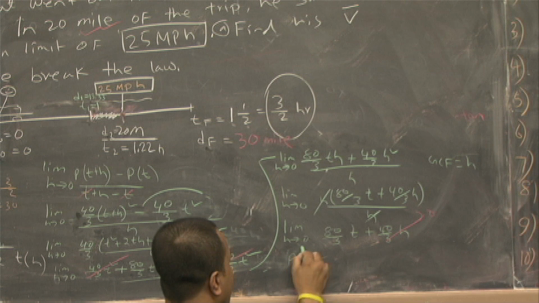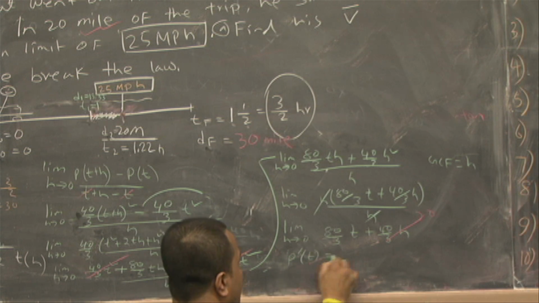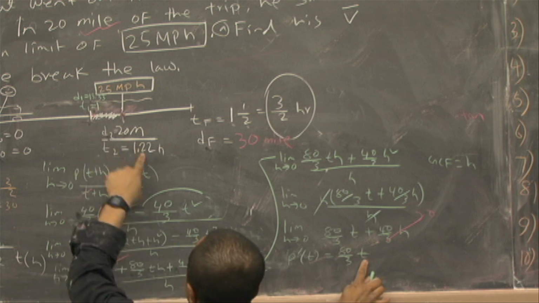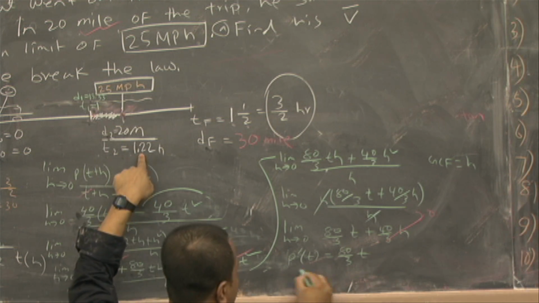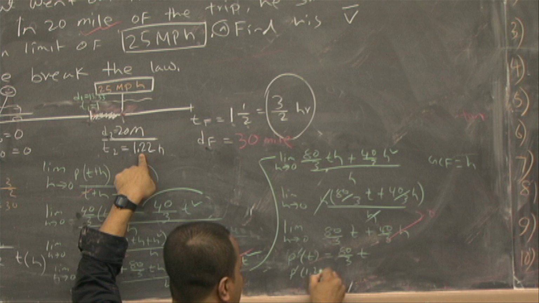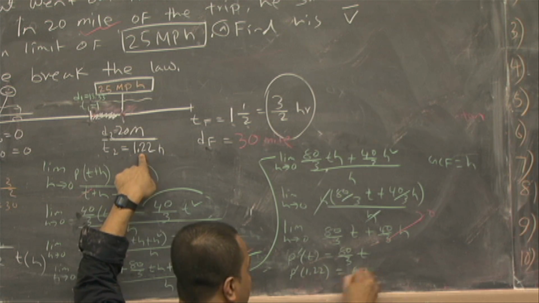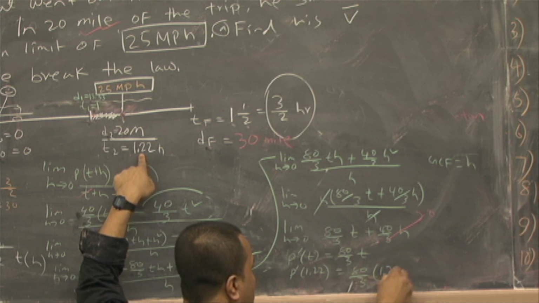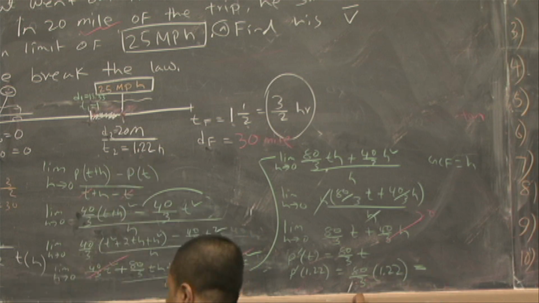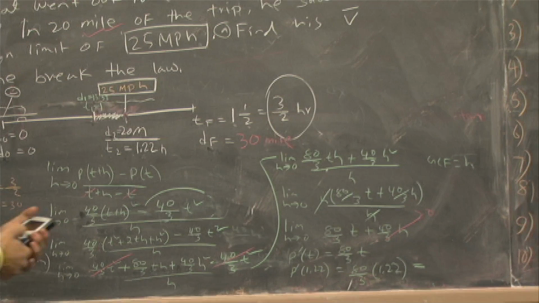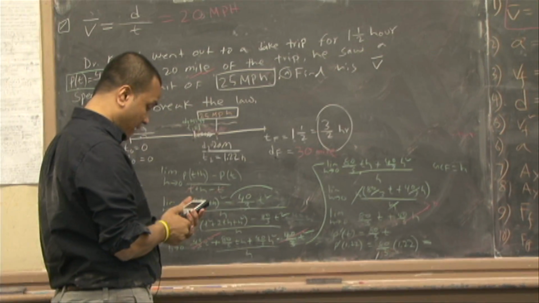We write p prime of t equals 80 over 3 t. At t equals 1.22 hours, p prime of 1.22 is 80 over 3 times 1.22. That should be more precise than what we got in algebra.